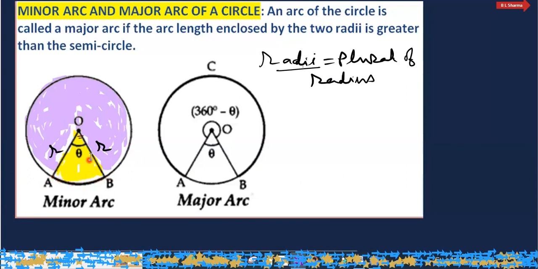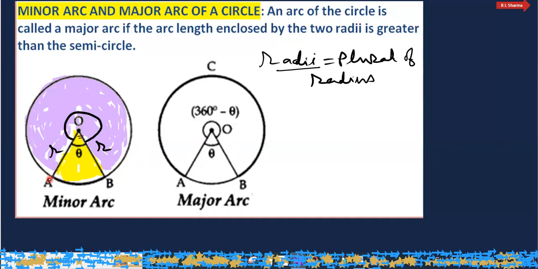Students, if this angle, the angle at the center, is less than 180 degrees, then this sector is said to be the minor sector and this arc is said to be the minor arc. But see here, this arc is the major arc because this angle is more than 180 degrees.